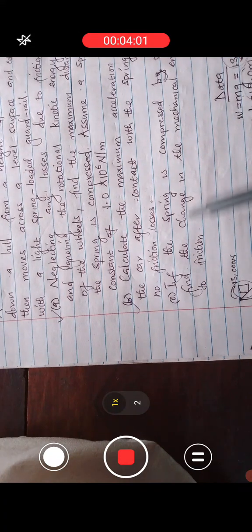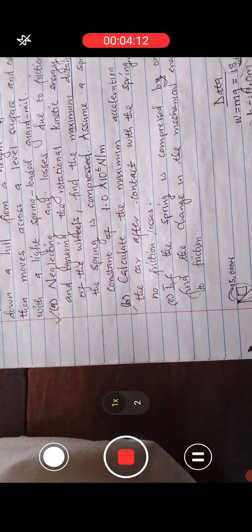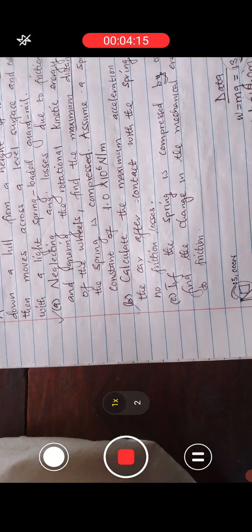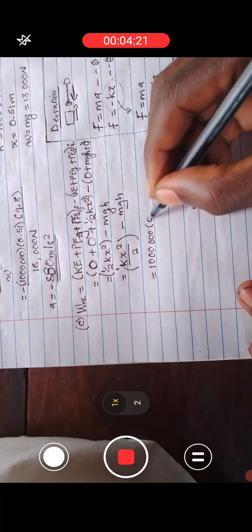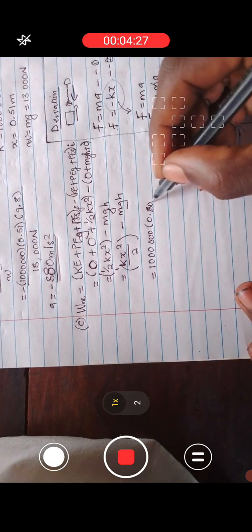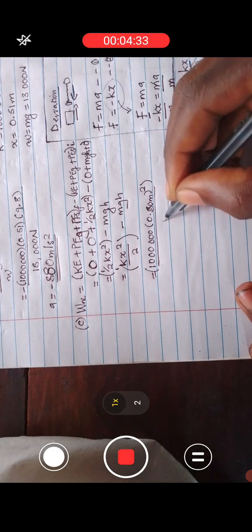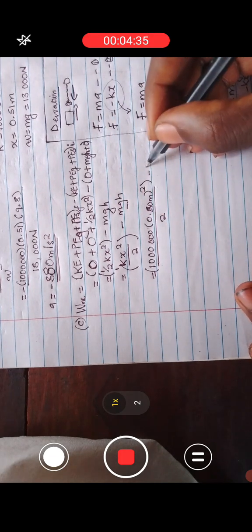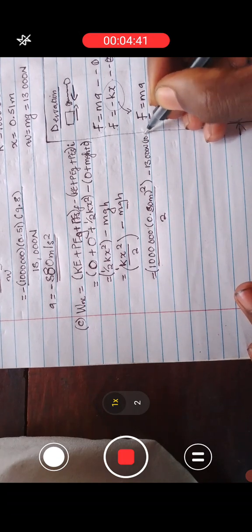They said the spring is compressed by only 0.30 meters, so the distance is 0.30 meters squared, divided by 2. Then you subtract 13,000 newtons times the height, which was 10.0.